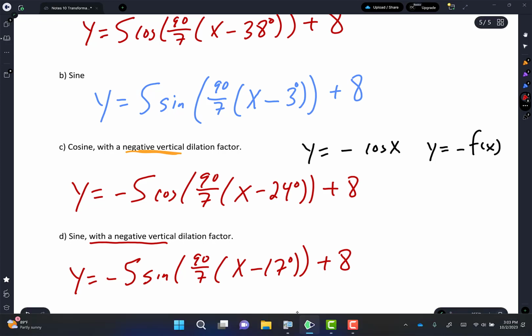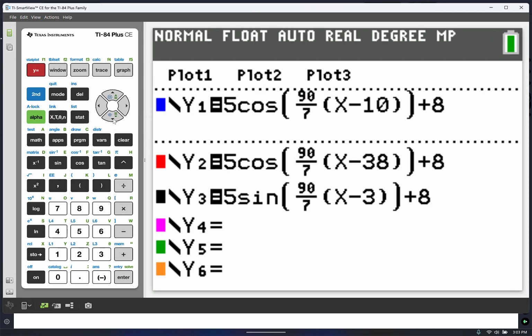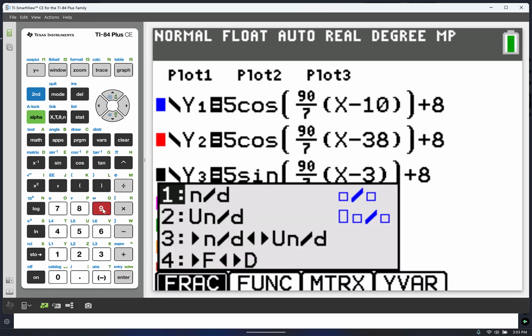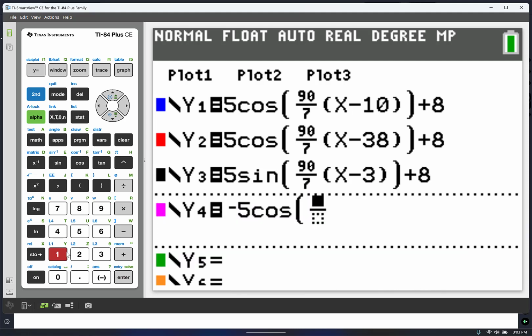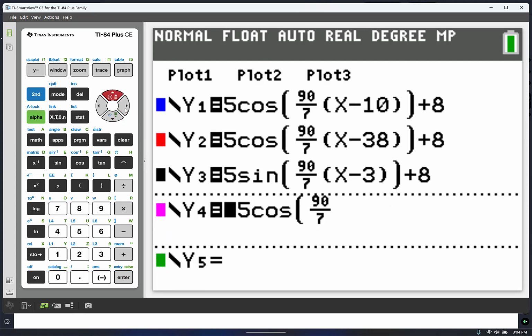If not, I'm fake. And I'm not fake, guys. So here we go. If I go to y equals and I go to y4, I'm going to put a negative 5 cosine, 90 over 7. And I already forgot, what was my shift? x minus what? 17 for the cosine? 24?